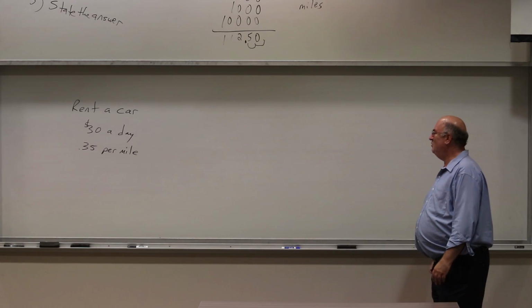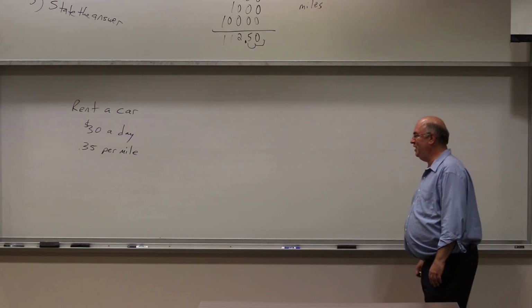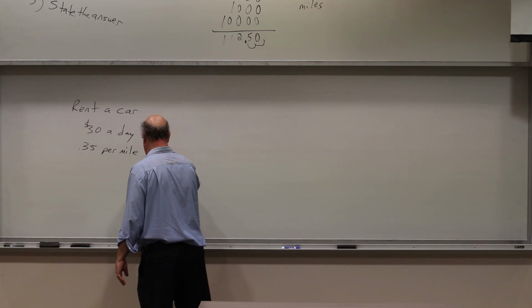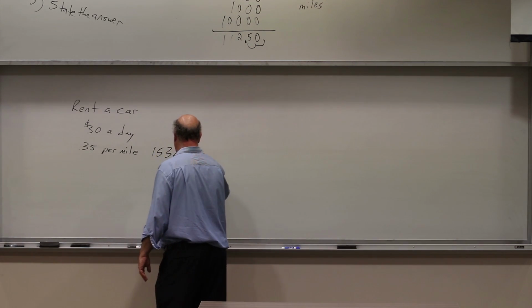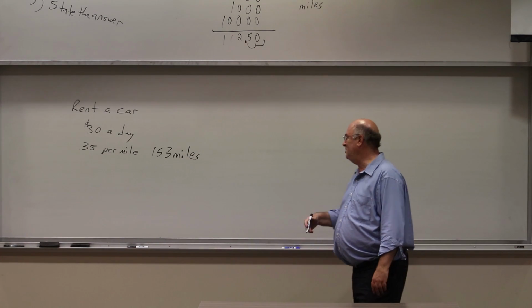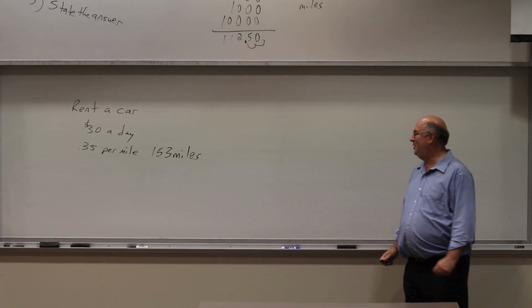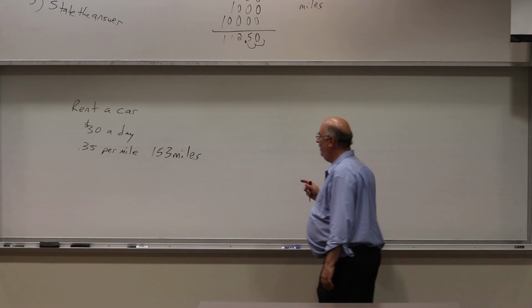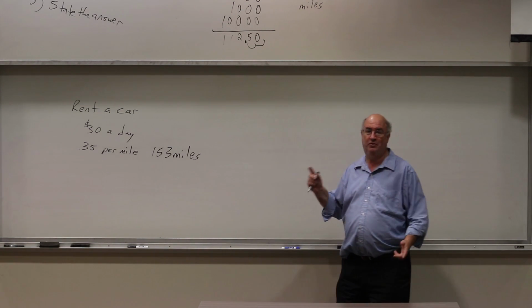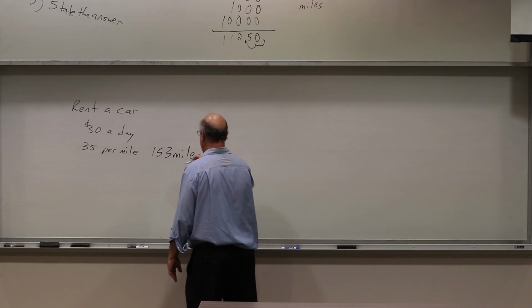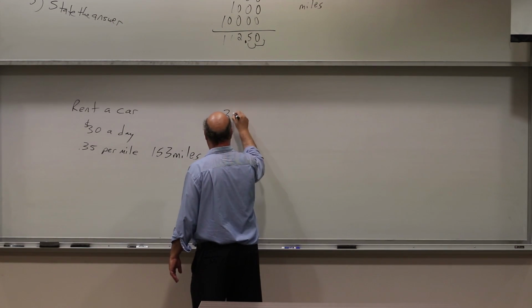Okay, rent a car. So we have $30 a day, 35 cents a mile. Let's say we drive some weird number of miles. We can make it 100 or 200. Let's make it realistic. 153 miles. And this will be our last word problem for this video.